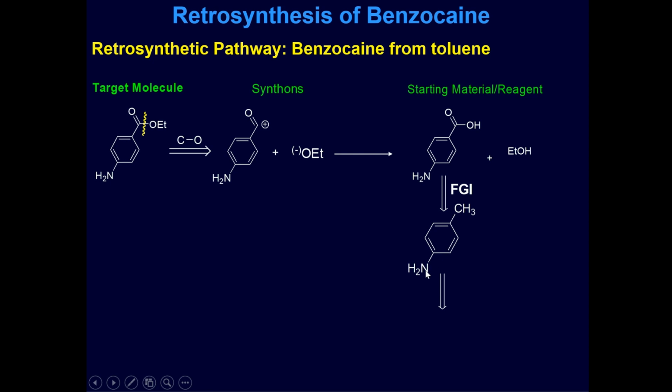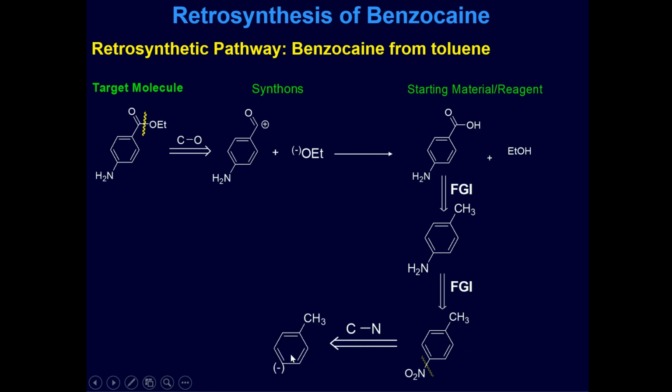As we know, like poles repel each other. Hence, I do functional group interconversion. Instead of the amino group, I add a nitro group. The amino group I have replaced by nitro. Nitration of benzene can be carried out. Now, I'll break over here and represent which bond is broken. The C and N bond is broken.